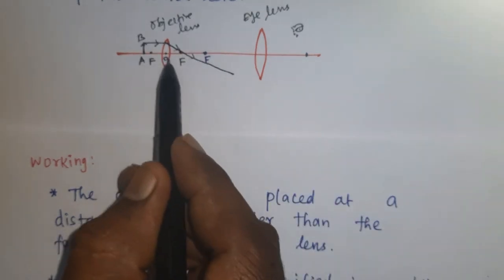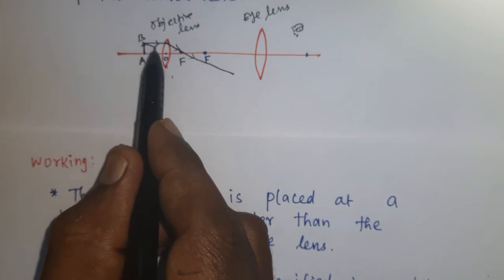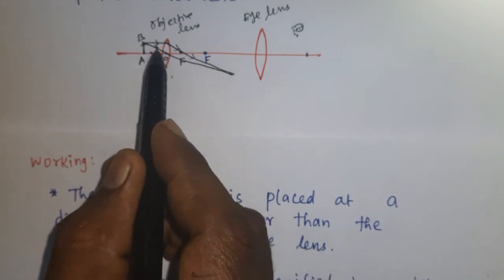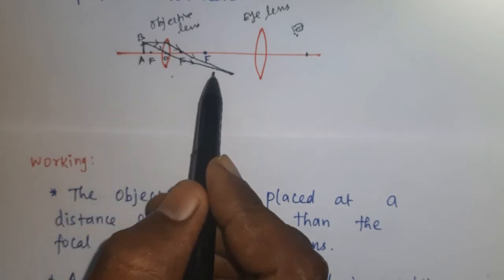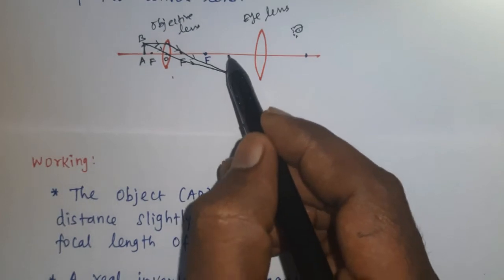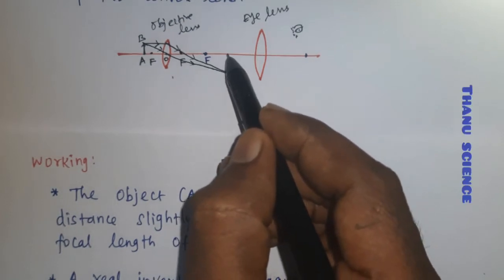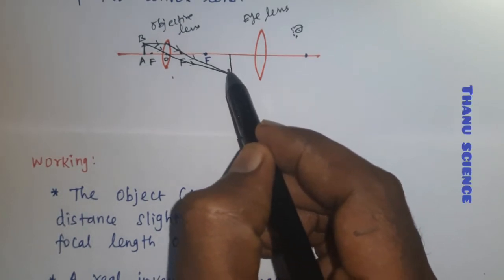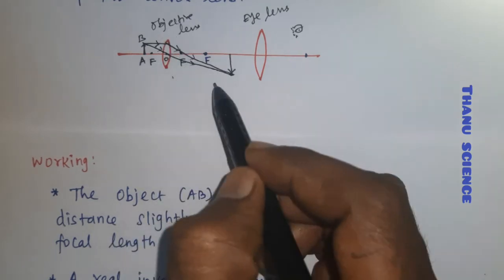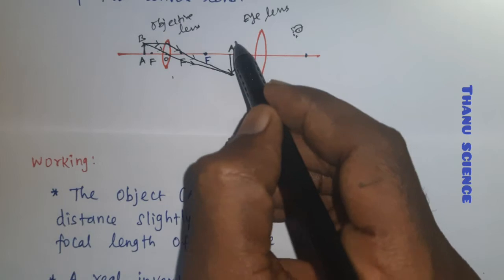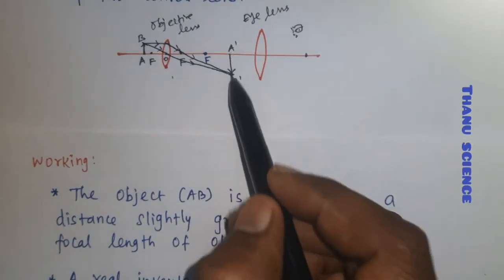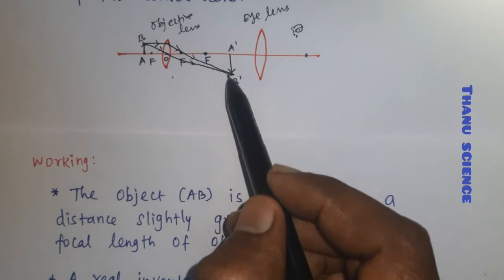If a ray passes through the optic center, it won't get any deviation. This is the second ray. Now the refracted rays are meeting at a point. That point gives the position of the image formed by the objective lens. This is A dash B dash. This real and inverted image is formed in a magnified way.